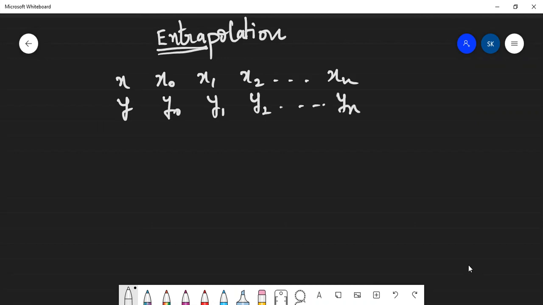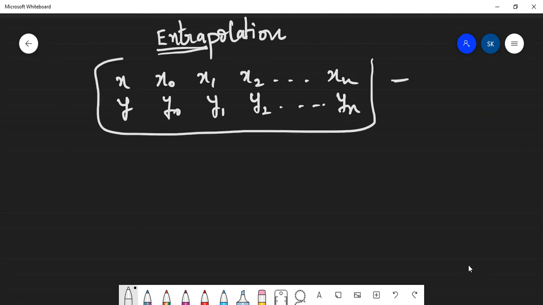All the values are given. If I want to find some y value corresponding to some x value outside the given set of values, that is, the dependent value outside the given range, then it is called extrapolation. Both the words interpolation and extrapolation are fine.